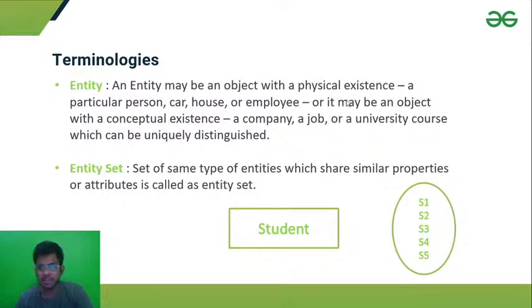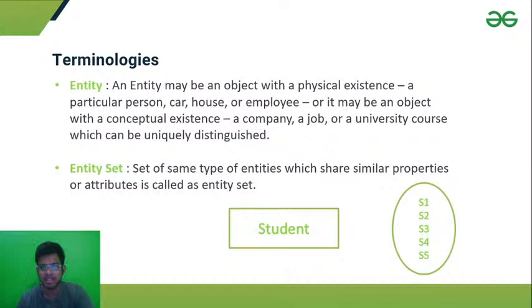As the definition says, it is an object with either a physical existence or a conceptual existence, right? A physical existence means a human or a car, which we can physically touch, see, and feel. A conceptual existence is like a job. A job is a conceptual thing, not a physical thing.